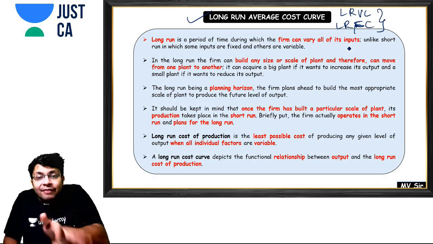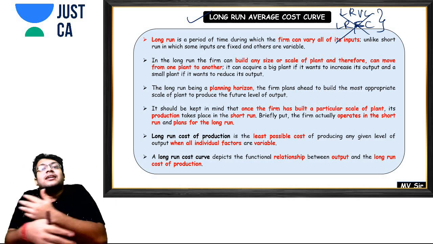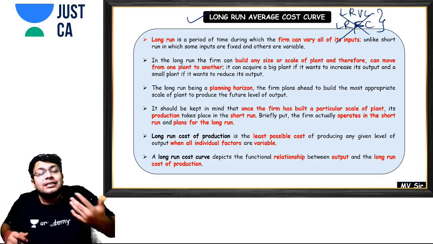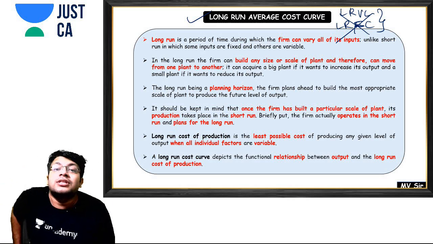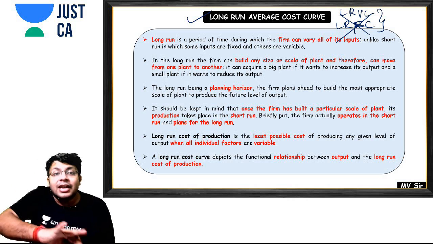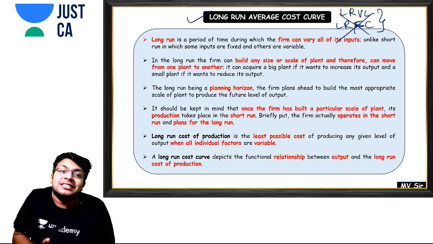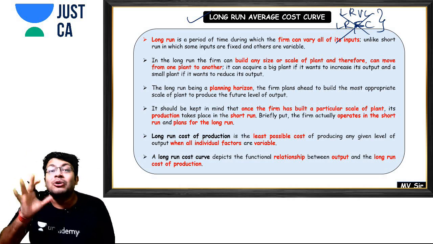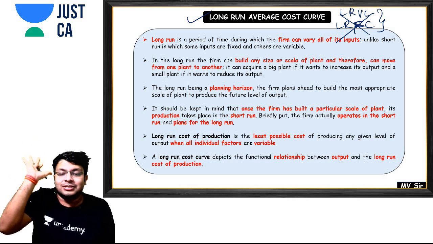So why variable and fixed? All factors are of the same type now. In the long run I can vary all the factors, so there is no distinction between variable and fixed. There are no fixed factors in the long run. So that is why here I only study long run average cost. I don't study long run variable cost and long run fixed cost. Are you getting my point?